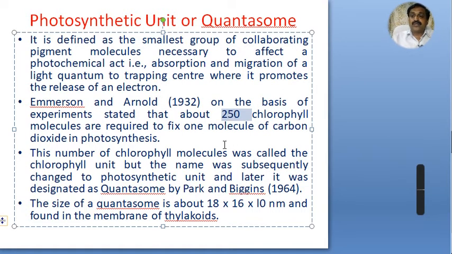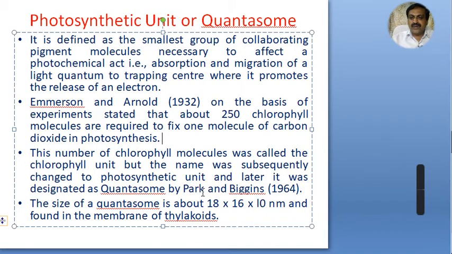So 250 into 6, 1500 chlorophyll molecules are required to fix 6 molecules of carbon dioxide as per the reaction. The number of chlorophyll molecules was called the chlorophyll unit, but the name was subsequently changed to photosynthetic unit, and later it was designated as a quantasome by the scientists Park and Biggins in the year 1964.